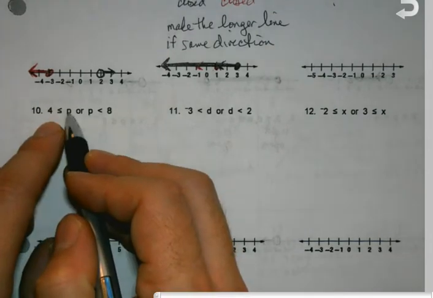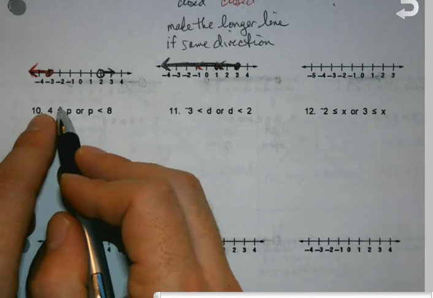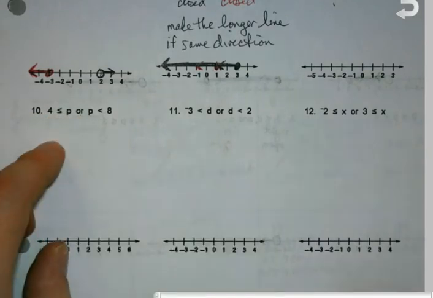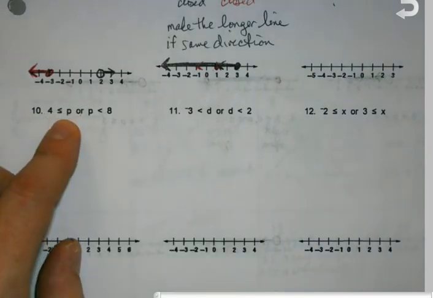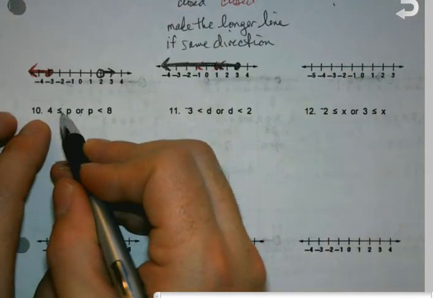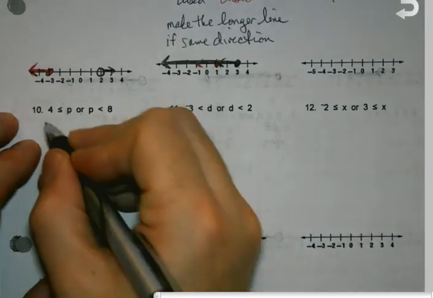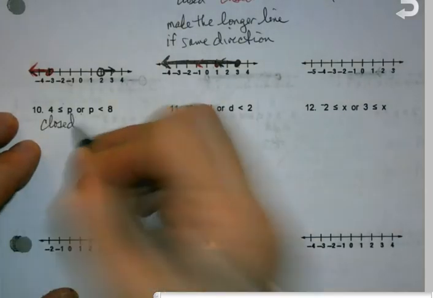All right, P is greater than or equal to 4. Notice I didn't say 4 is less than or equal to P. I always want to talk as though I'm talking from the variable's point of view. So if P is greater than or equal to 4, open or closed? Closed, because P is equal to.